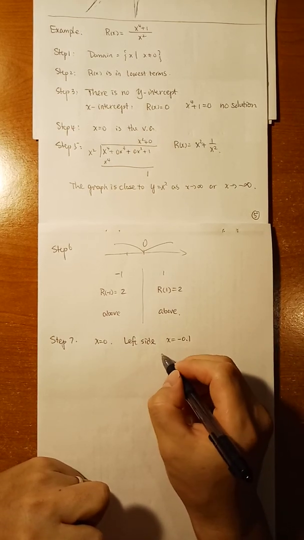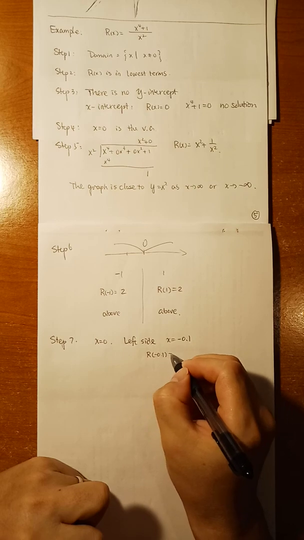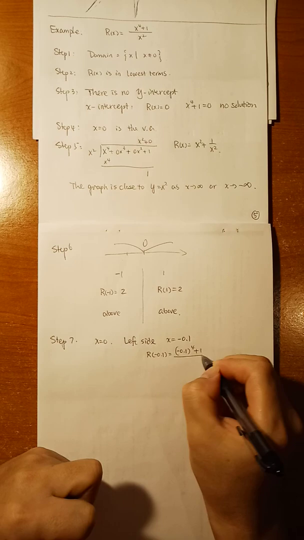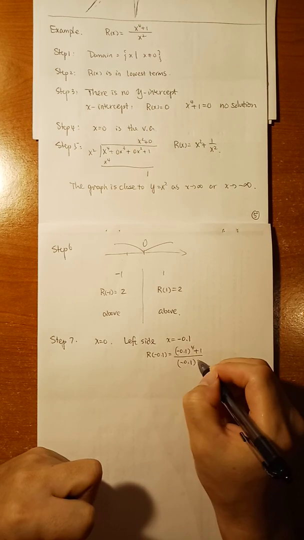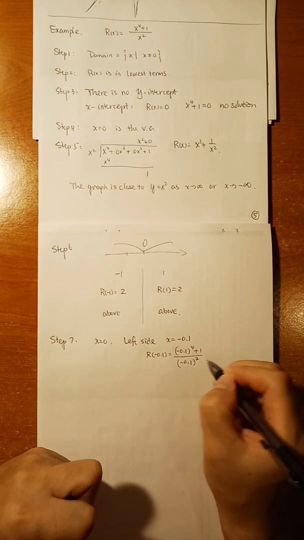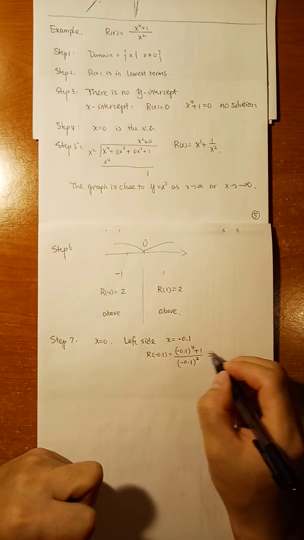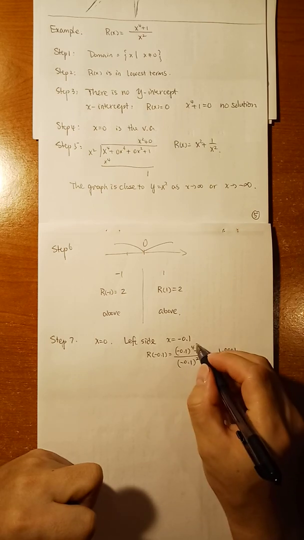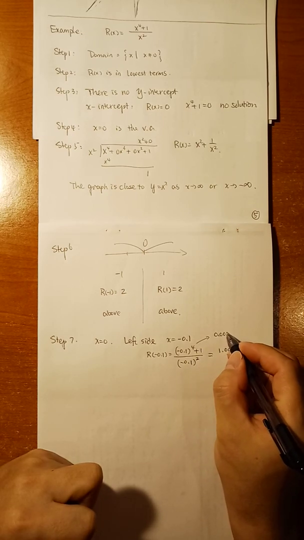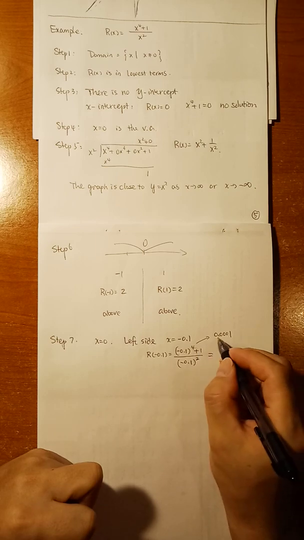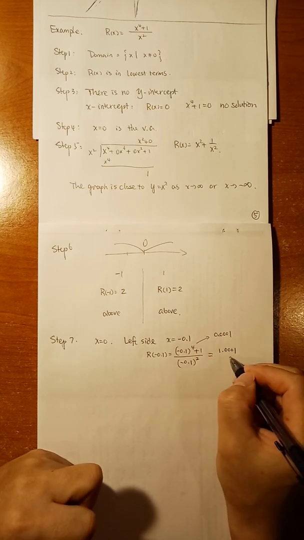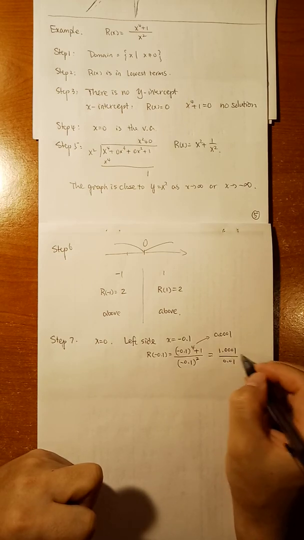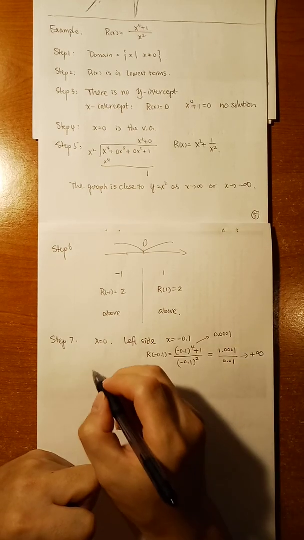Then r of -0.1 is (-0.1)^4 plus 1 over (-0.1) squared. It's going to be 1.0001 over 0.01. It's a positive number, so it approaches positive infinity.